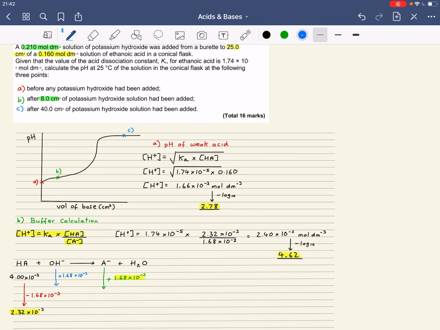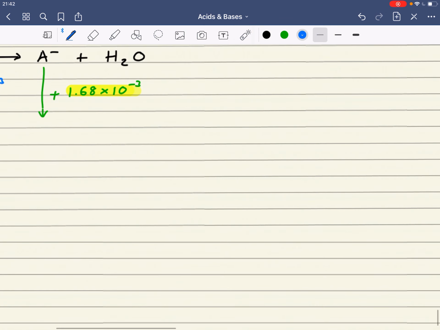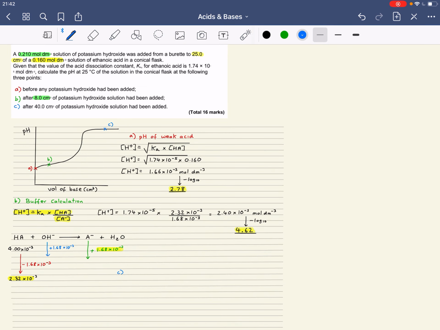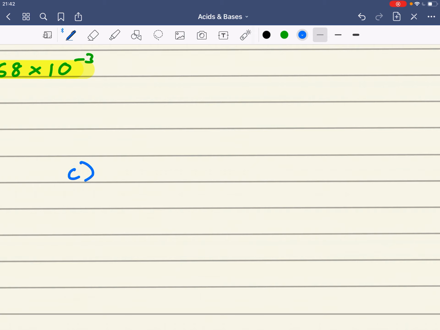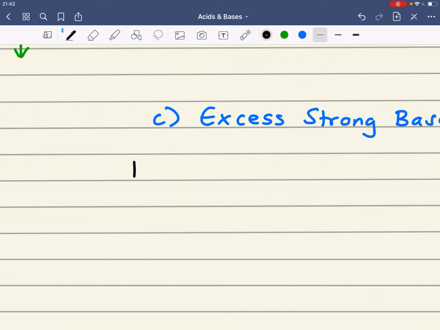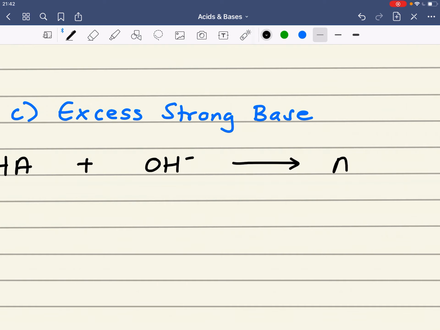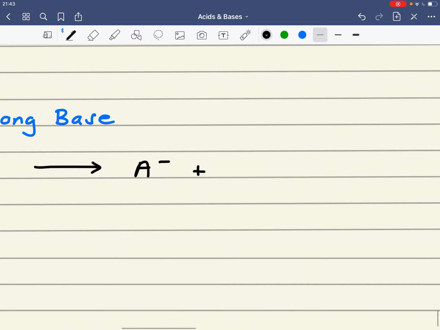Let's have a look at part C. So part C, we've simply got an excess of strong base, or strong alkali. So what we've got here is my HA has reacted with my OH minus, again to produce A minus plus H2O.